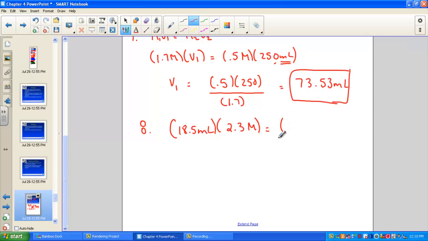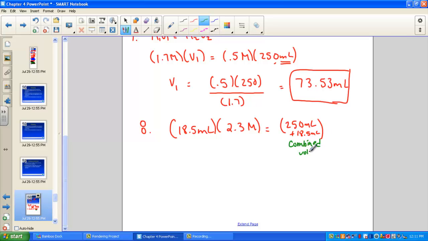Now, as I'm reading this carefully, read it with me, is added to 250 mLs of water. So 250 mLs is sitting in there. We add 18.5 mLs of the solution, so the new combined volume must be the V2.